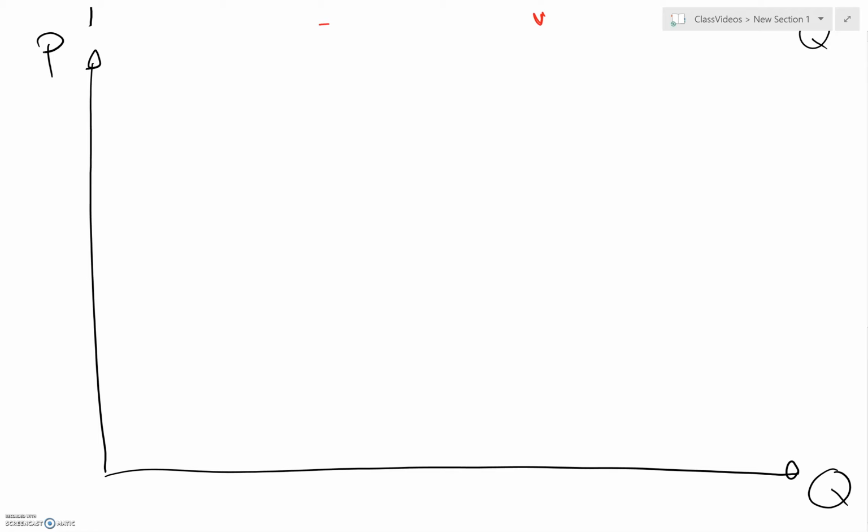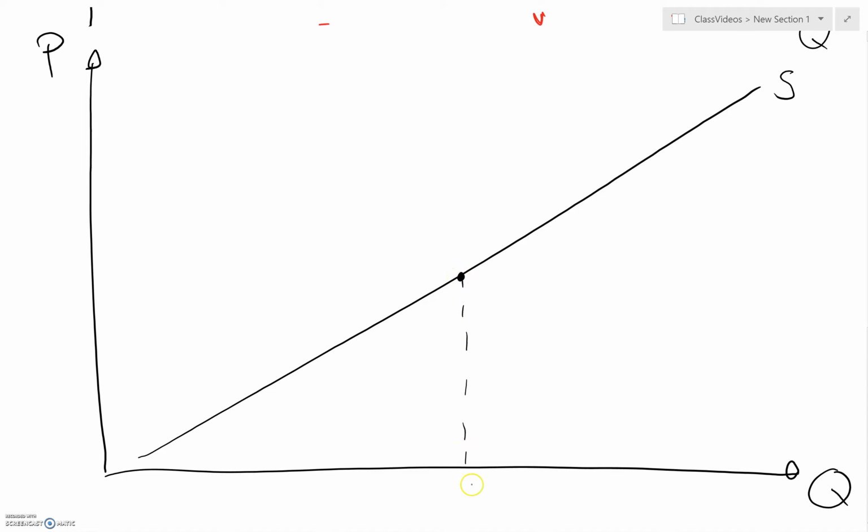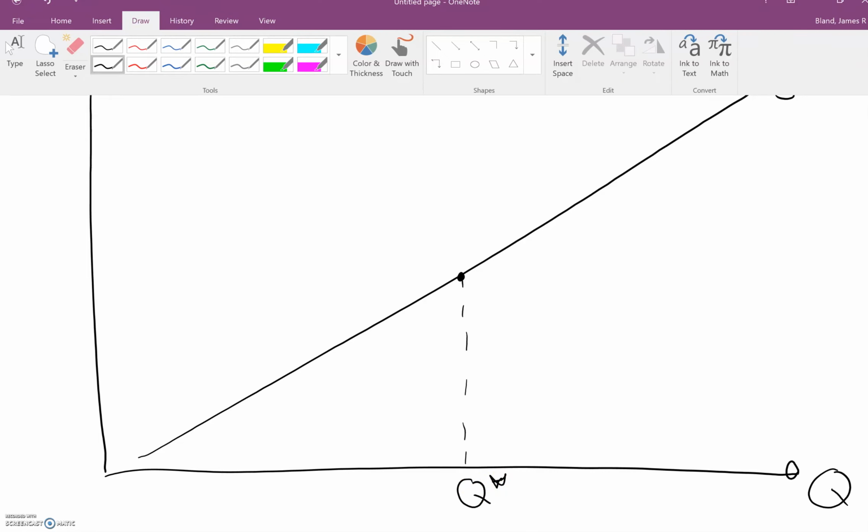And let's think about what happens if we have a relatively elastic or inelastic demand curve keeping the supply curve constant. Okay, so we'll keep our supply curve constant, and let's suppose that here is our equilibrium quantity without taxes.